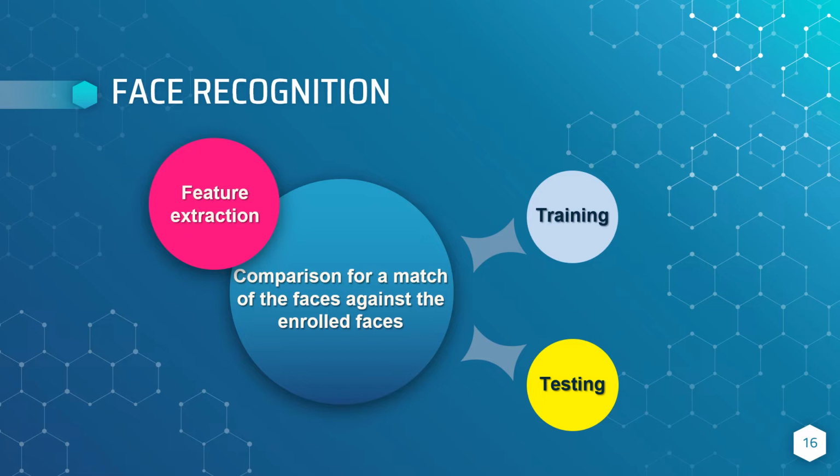After the feature extraction process, now comes the comparison for a match of the faces against the enrolled faces. This process includes two important procedures: one is training and the other is testing. First, we perform the training procedure and then the testing procedure.